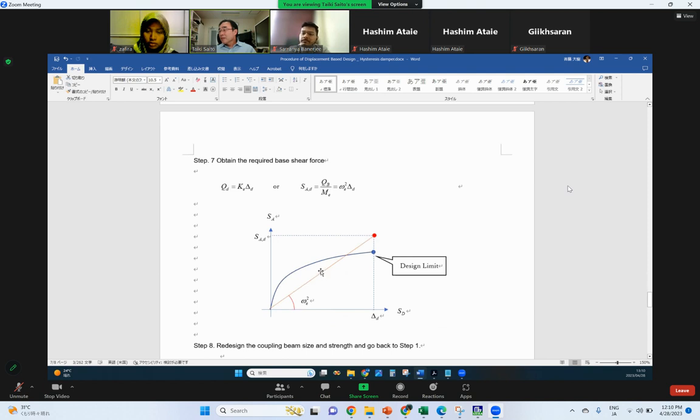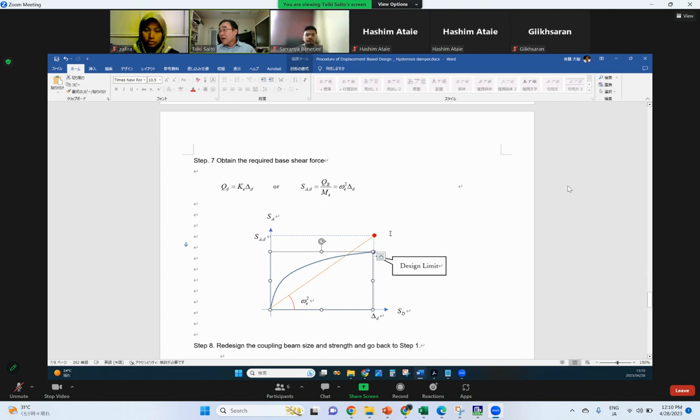Finally we plot target drift multiplied by equivalent stiffness, then we can get the red point. So this is the estimated response of the single degree of freedom in the large earthquake.